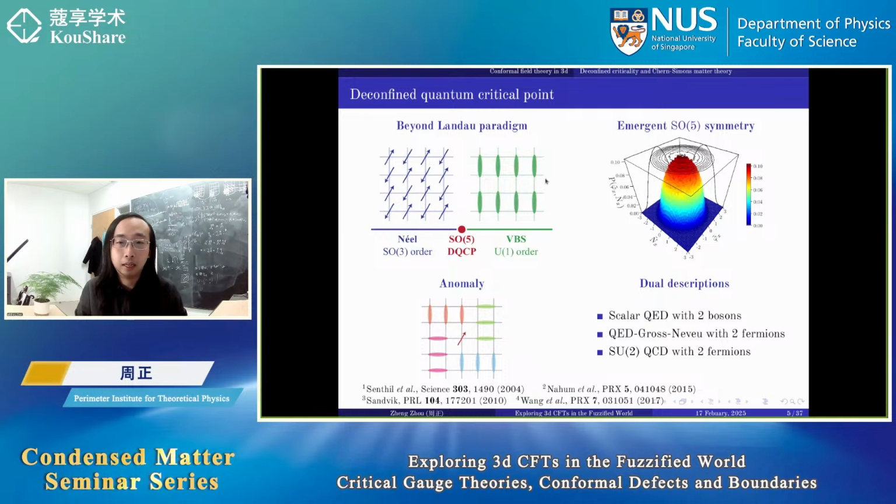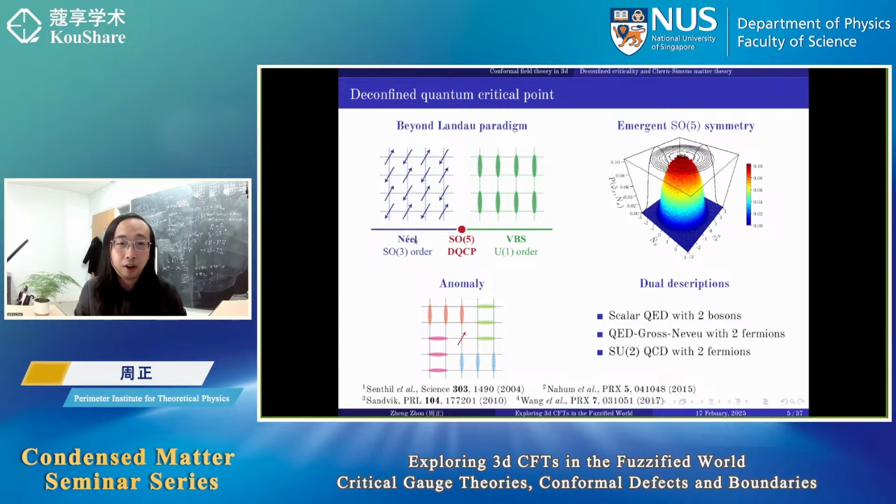At the critical point, there is an emergent SO(5) symmetry, with 3 components coming from Néel and 2 components coming from VBS. Being different from an ordinary SO(5), say the SO(5) Wilson-Fisher, this SO(5) is known to be anomalous. Colloquially, each U(1) flux of the VBS order parameter captures an SO(3) spin half.